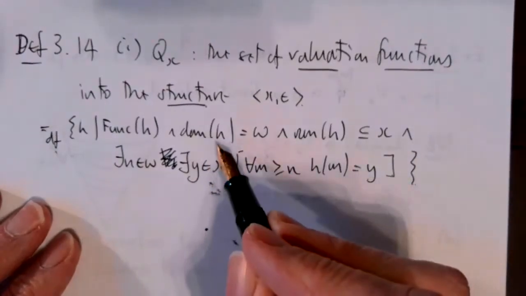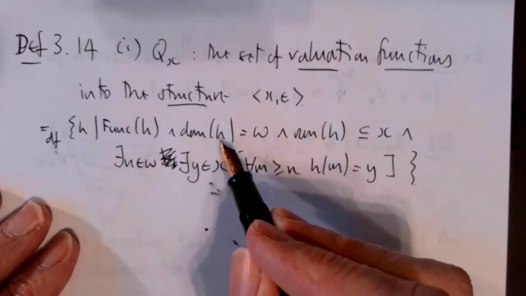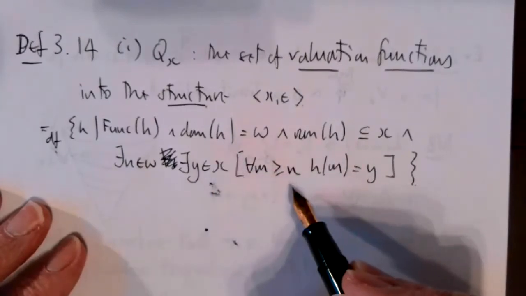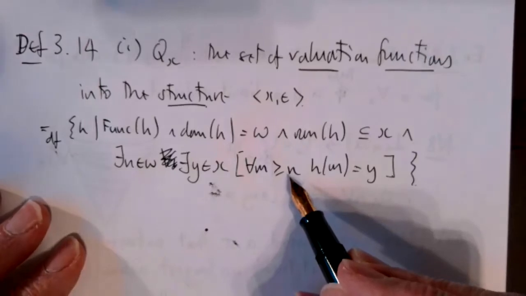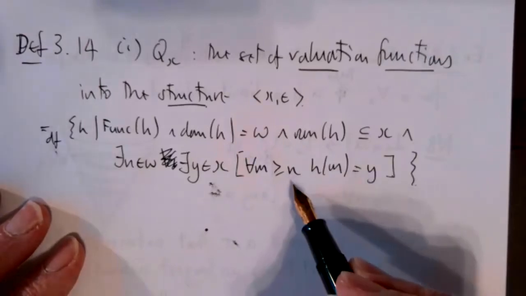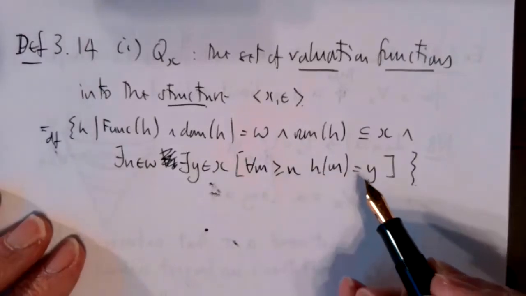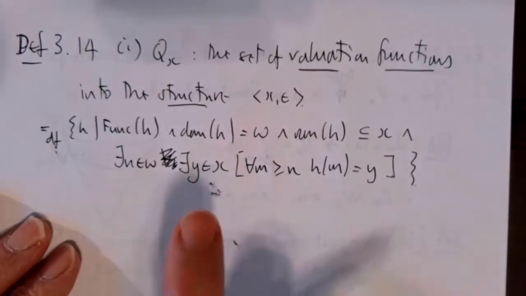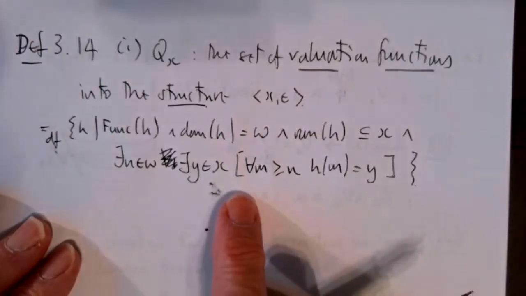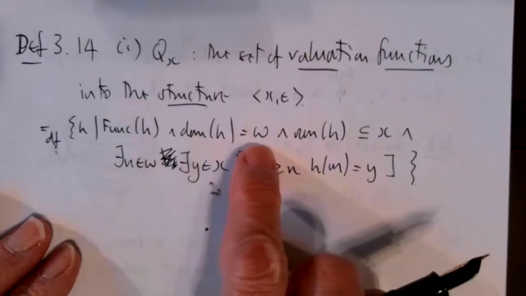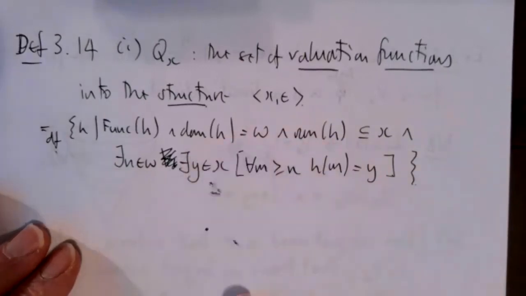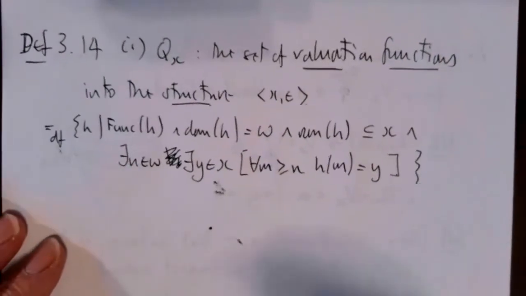So the finite interesting part of h is h0, h1, h2, all the way up to hn. From then onwards, it's just returning that last value, hn. So it's kind of a finite function, but it isn't, because we do specify the domain as all of omega. And I'll say why we're doing that in a moment.